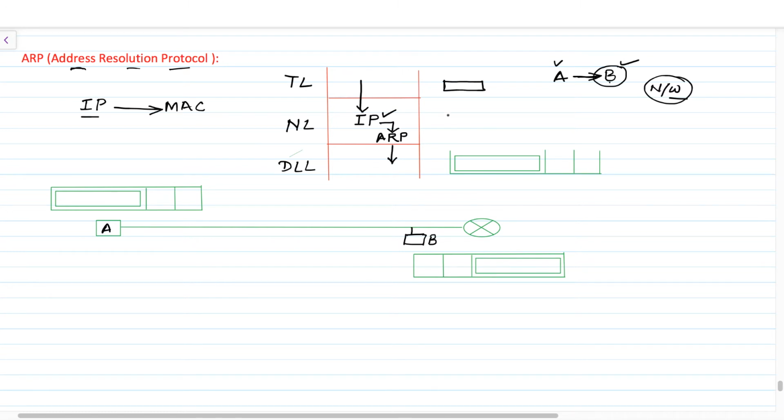When this segment is forwarded to the network layer, at this network layer we are going to add the IP addresses of the source and destination. So here the IP address of the source is A. Suppose A has IP address IA and the IP address of B is IB.